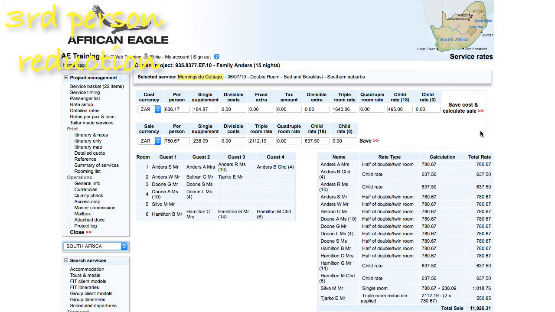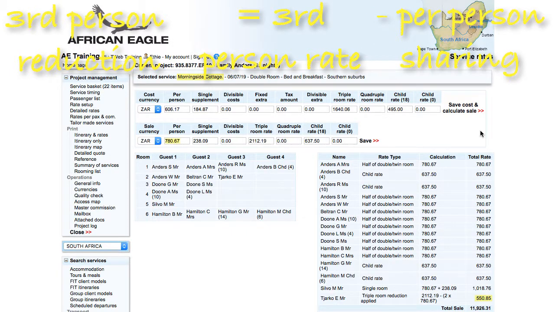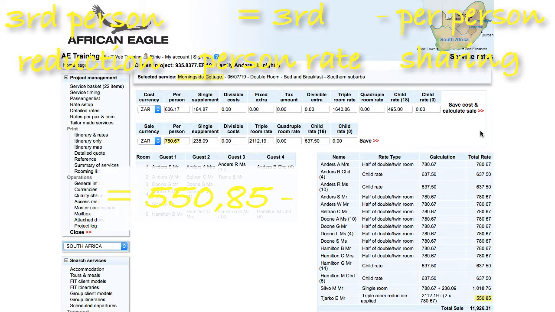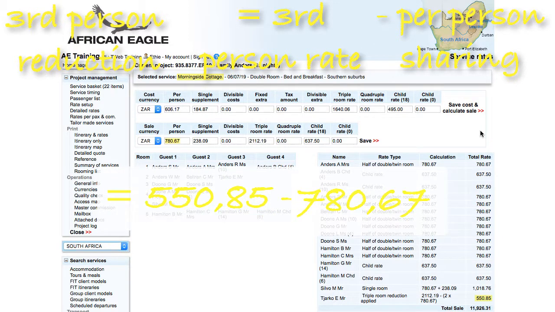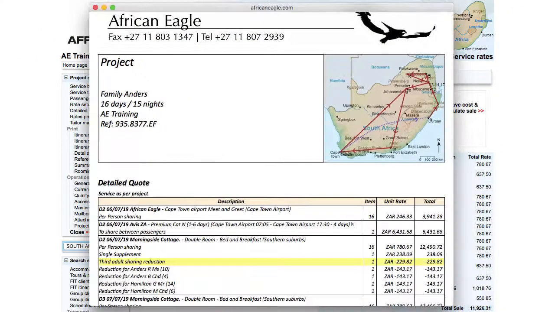The reduction for the third person is then calculated as third person rate minus per person sharing. For example, 550,85 minus 780,67 equals negative 229,82. This is the rate displayed on the detailed quote.